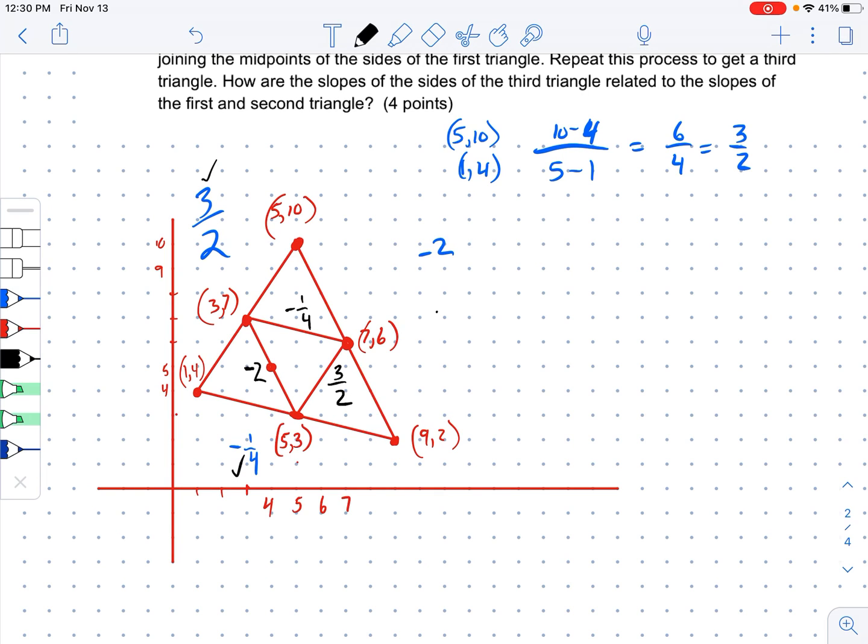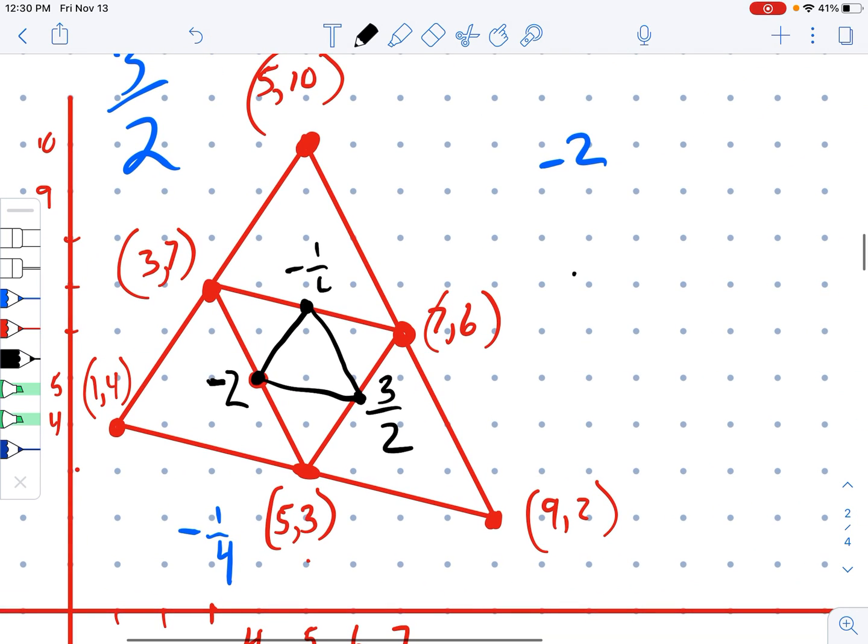Oh, look, that's what I got right there. Now finally I have to make my third triangle. I'm already seeing some similarities between my first and second triangle. My third triangle, again, is taking the midpoints. I get that this is at 1/2, but I'm just going to approximate.